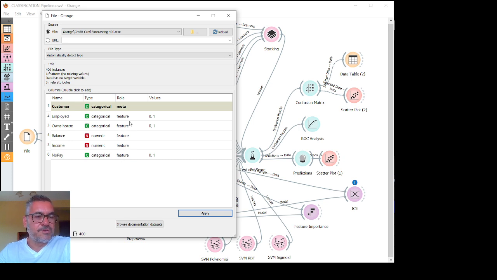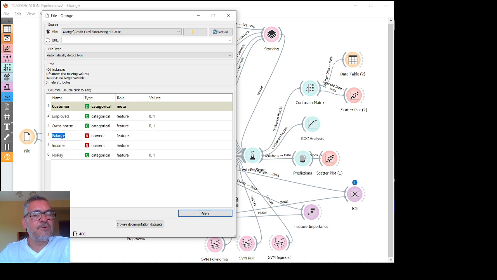All these are features. These are the variables that we're going to use. Whether the customer is employed or unemployed, we have 0 and 1, 0 for unemployed, 1 for employed. Whether he or she owns a house, again 0, she does not own a house, 1 owns a house.